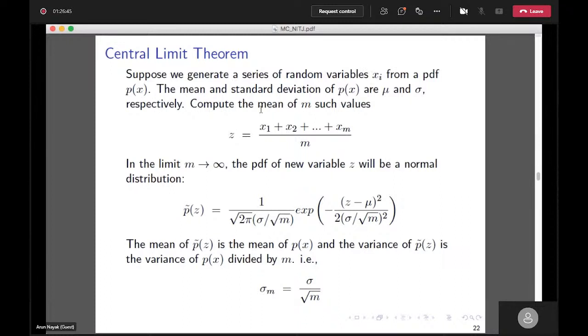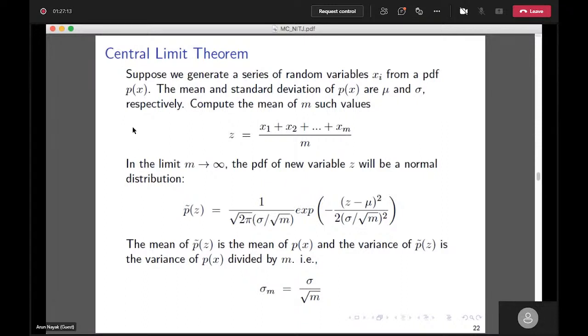So we have many xi's, and we know the mean and standard deviation of p of x, which are mu and sigma. Then, if we take an average of n such random variables, x1 to xn, and this average value is z, then what is the PDF of z?